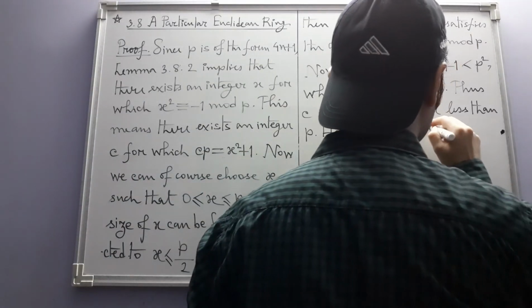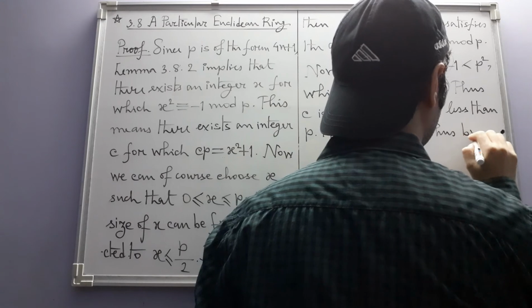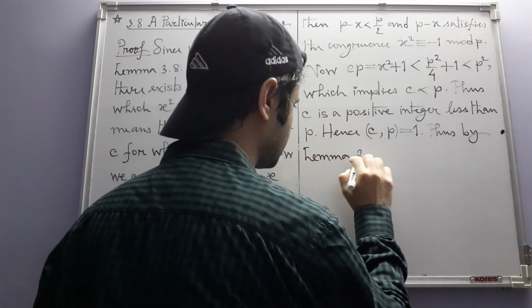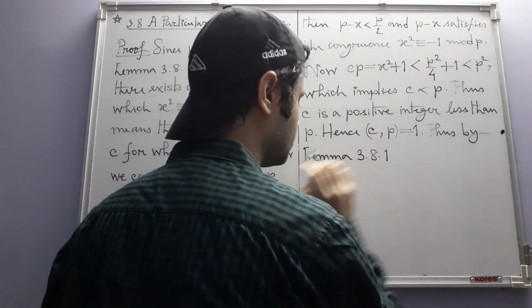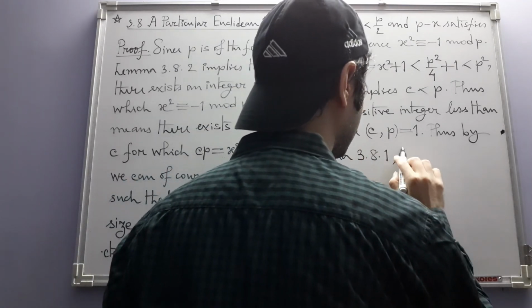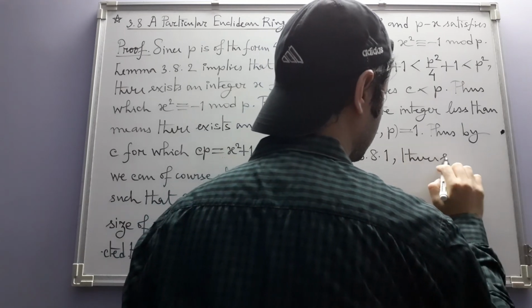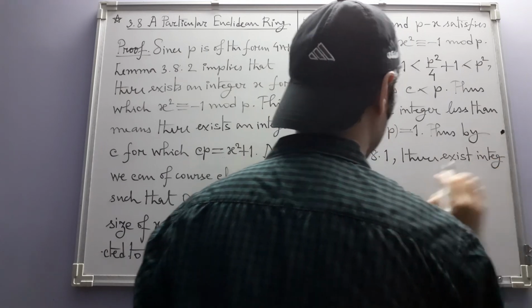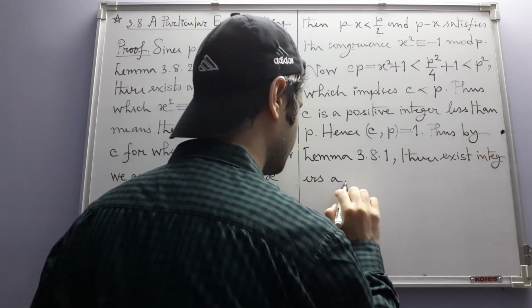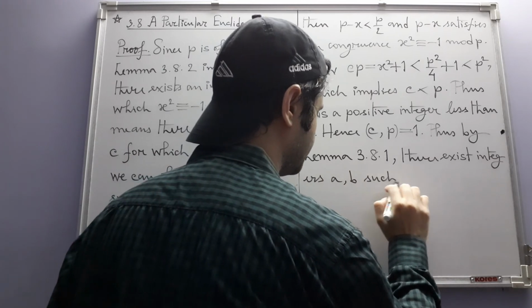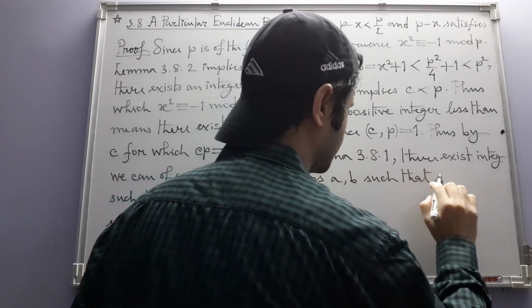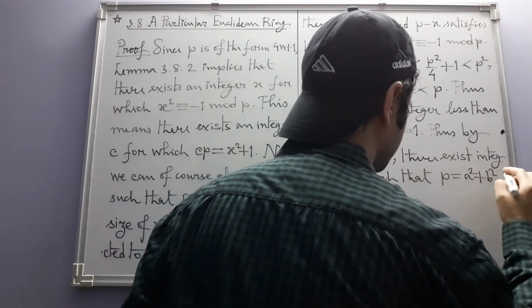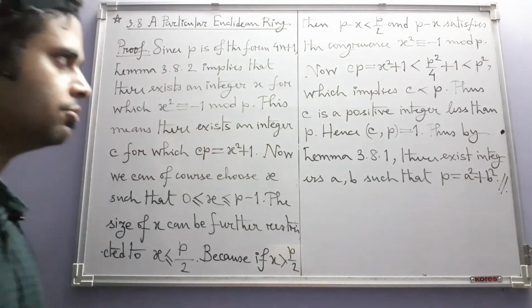Thus, by lemma 381, there exist integers a and b such that p is equal to a square plus b square, and this completes the proof.